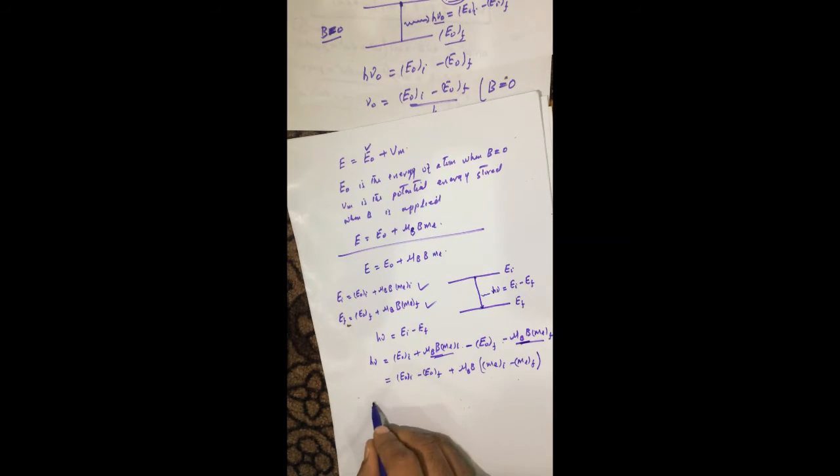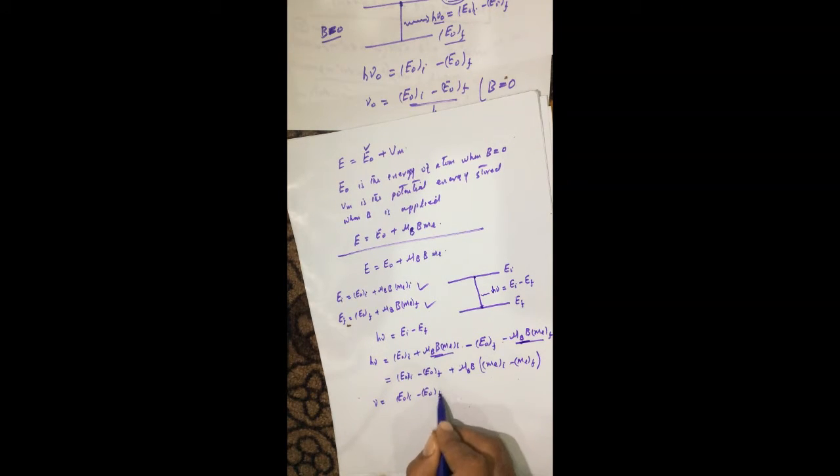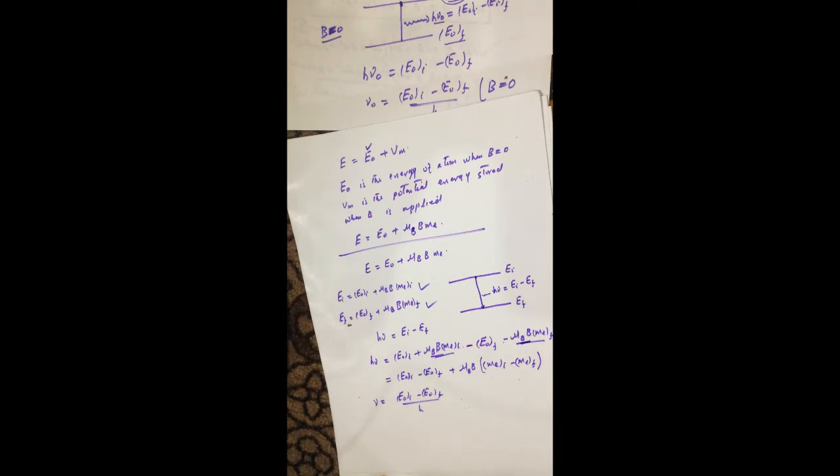I can write it as nu is equal to E naught I minus E naught F over h plus mu B B over h into MLI minus MLF.